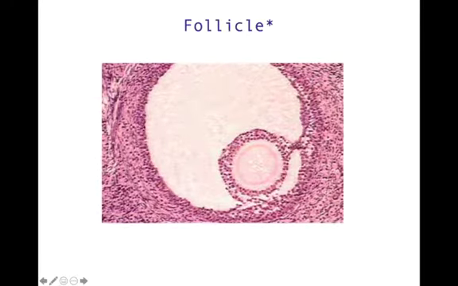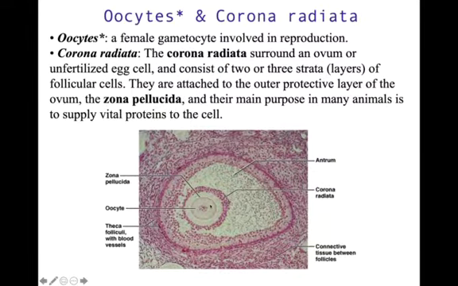So here you can see a large follicle. Function: it houses the developing oocyte. The oocytes are contained inside the follicle. So there's the oocyte. You want to put an asterisk next to that. This is what, when fertilized, will become the baby.